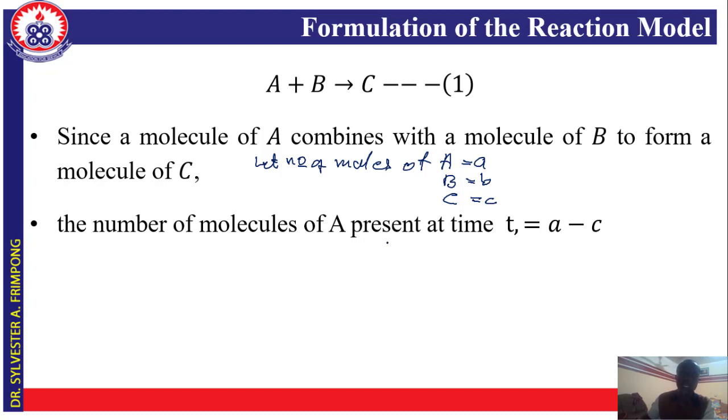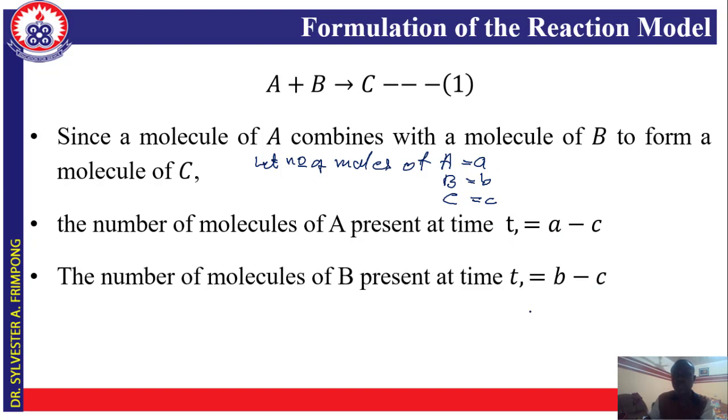So at any time, the number of molecules of A present is simply a minus c. That is, we subtract the number of molecules of C formed from a, and that of B is b minus c. So this gives us the concentrations of A and B at any time during the reaction.